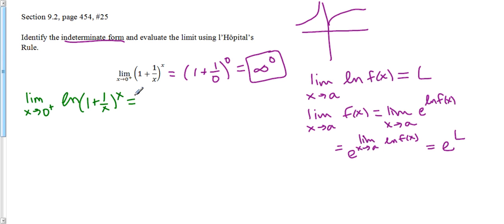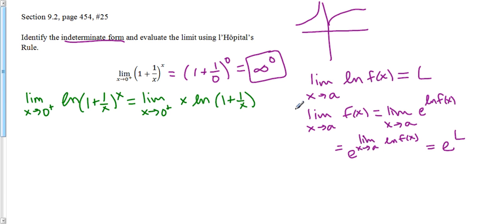And I want to take advantage of the property of natural logs, which lets me take this exponent and bring it down in front. So I'm still going to have the limit as x goes to 0 from the positive side, and I'm going to have x times the natural log of (1 + 1/x).